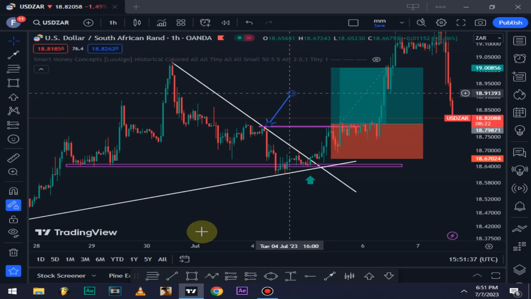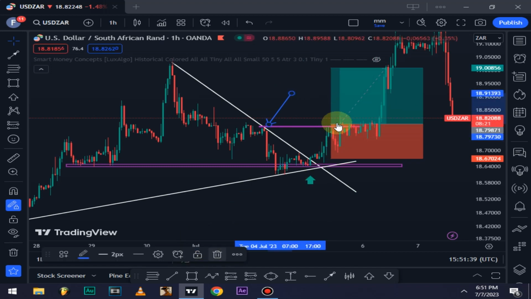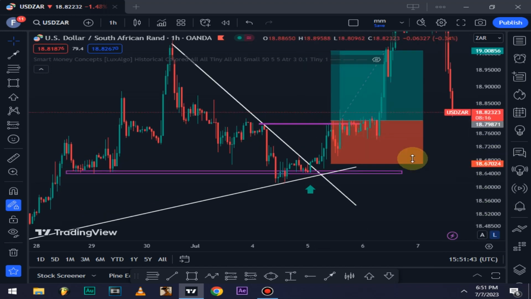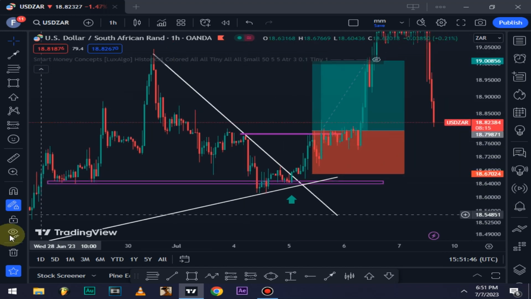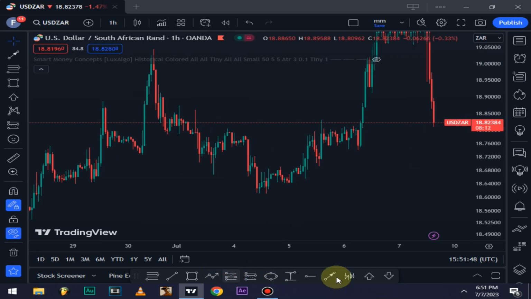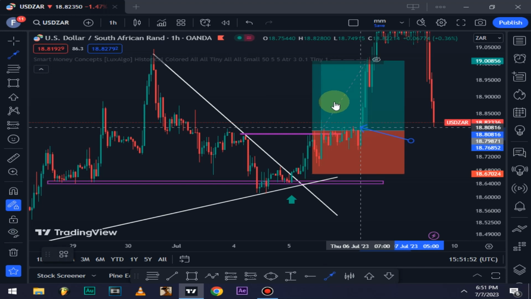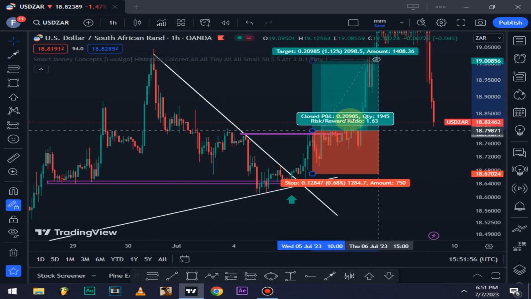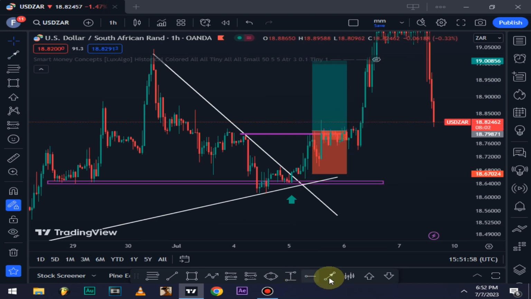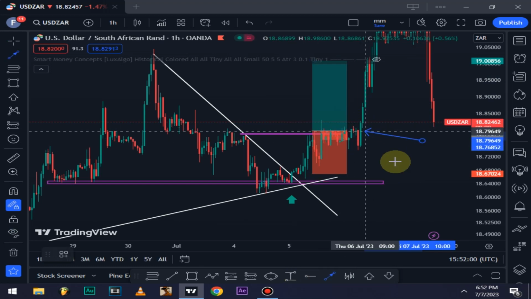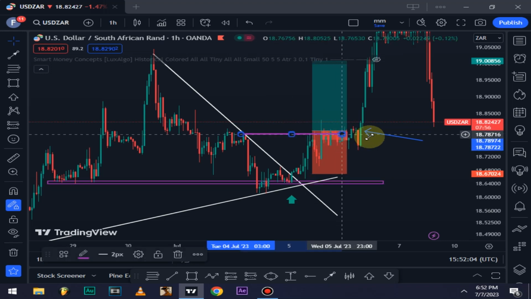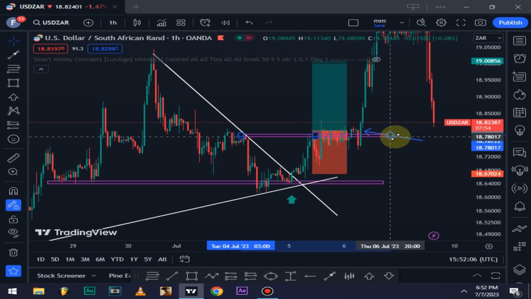All I had to do was wait for price to break out from this zone. You can see I had that with the 1 hour candlestick. Of course, I waited for the 1 hour candlestick to break this candlestick over here. Let me just remove this. We can see this candlestick breaking above this resistance over here.